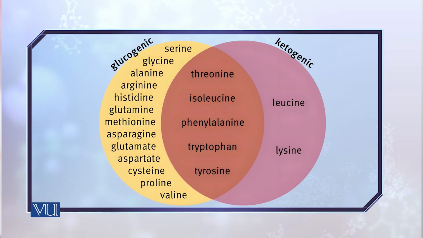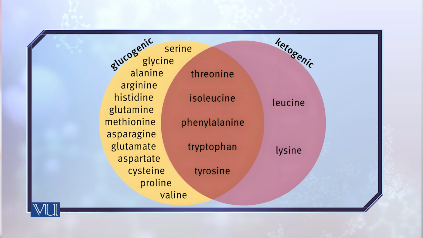These orange ones all are glucogenic. Glucogenic means that they can be a part of the formation of glucose through the gluconeogenesis process.